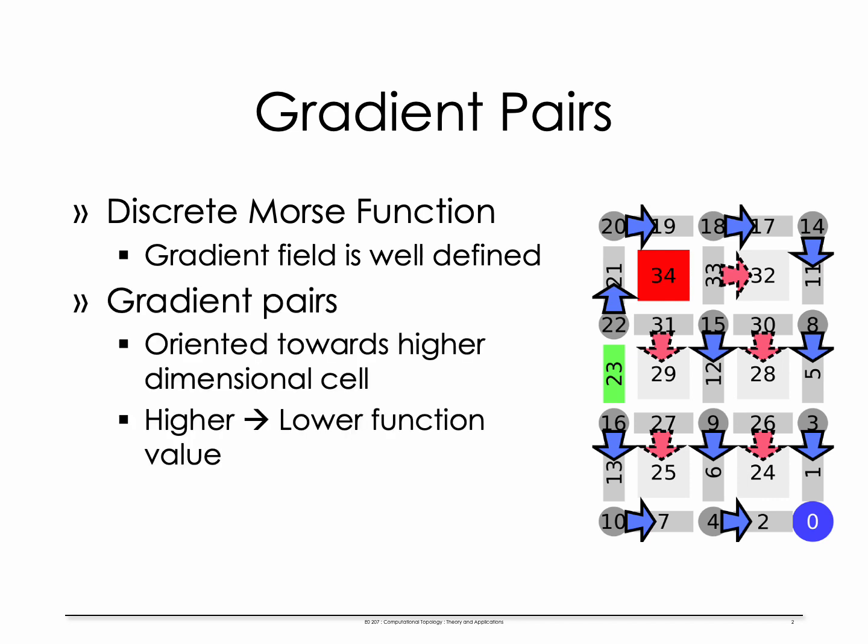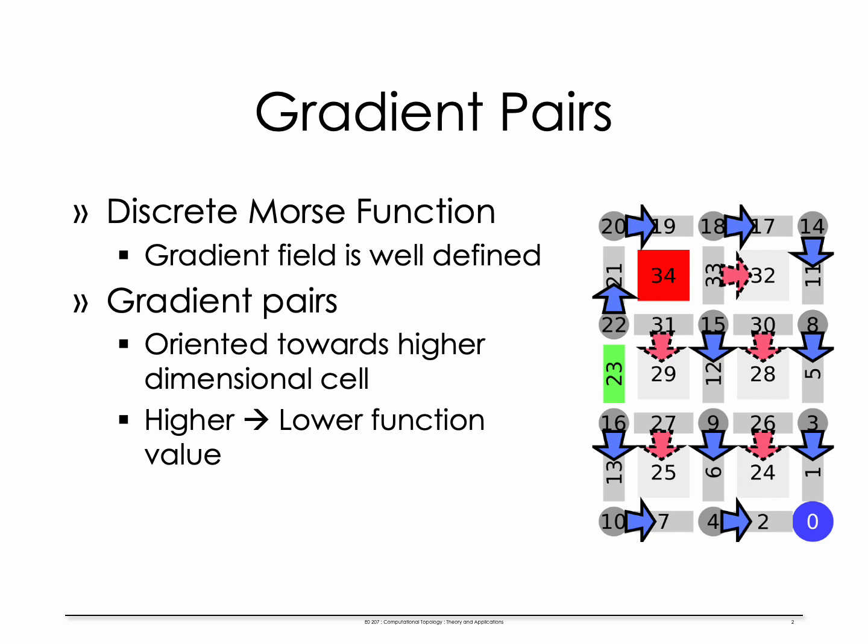We will notice that for this discrete Morse function shown on the right, the gradient pairs are oriented towards the higher dimensional cell, as we have seen in the definitions from the previous lecture. We will also notice that the gradient pairs are pointing towards the lower function values from the higher function value.